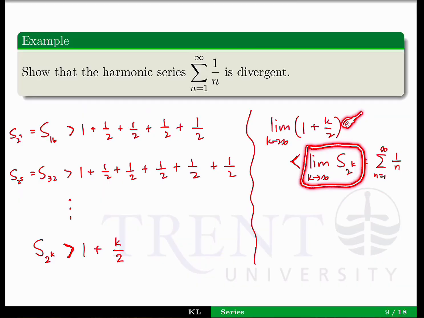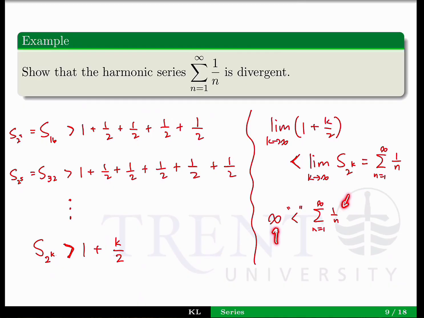But the limit here actually is going to infinity. So it means infinity is less than the sum of 1 over n from 1 up to plus infinity. I'll put this as quote unquote. So what does this mean? This one will not have a sum because it's still greater than this infinity.